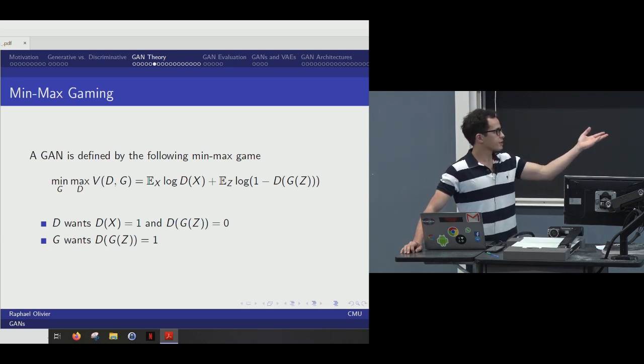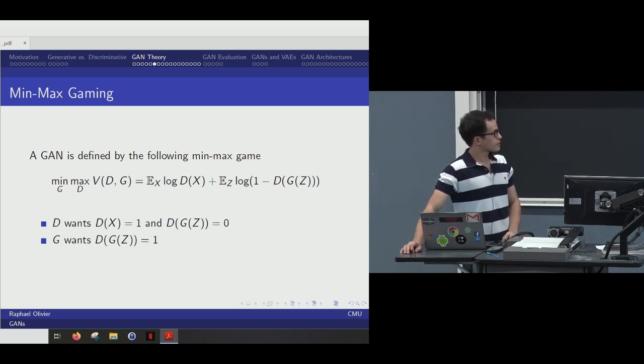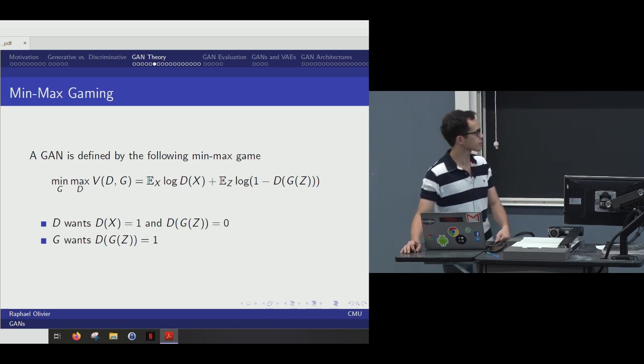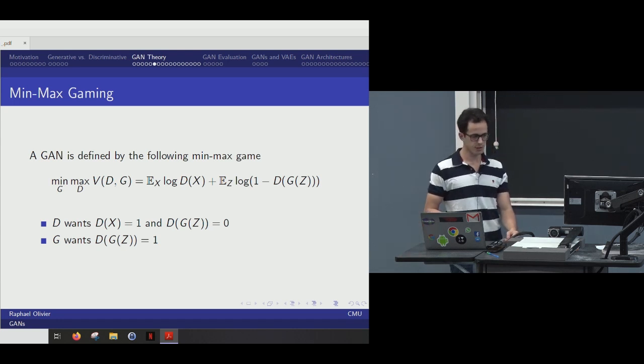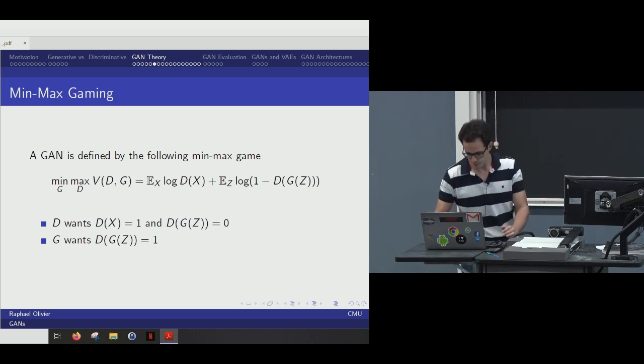That's just basically the cross entropy for the discriminator that you should be familiar with. So that's the objective. The discriminator is going to try to make it as big as possible with gradient ascent, and the generator is going to try to make it as low as possible with gradient descent. So pretty straightforward so far, but we're going to go through a little bit of math to see if it falls on its feet.